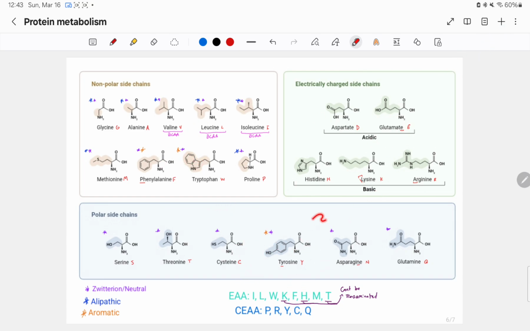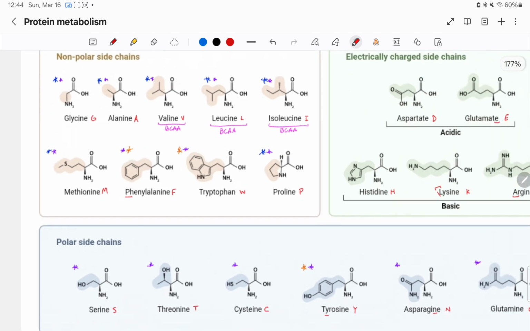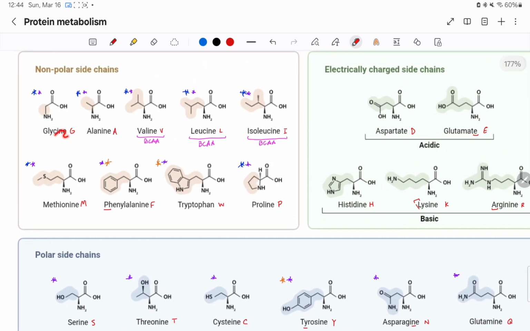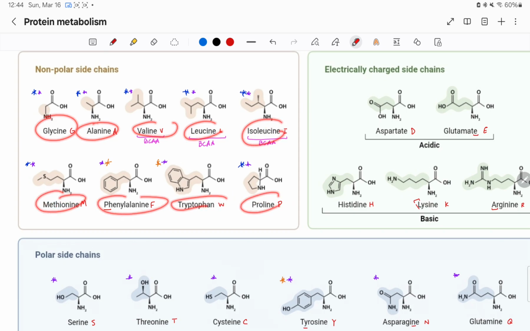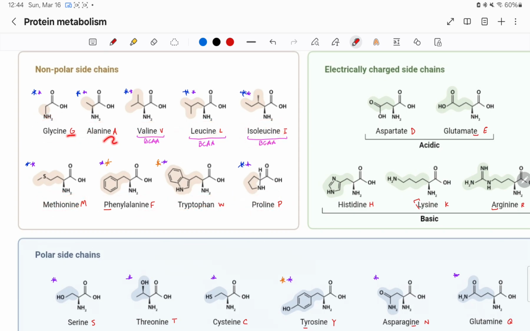Now, let's go through the list of all these amino acids quickly, and then we'll talk about which ones are non-polar, charged, and polar. We have all these non-polar ones: glycine, alanine, valine, leucine, isoleucine, methionine, phenylalanine, tryptophan, proline. Why do I have these little letters beside them? Well, these are just their one-letter code.